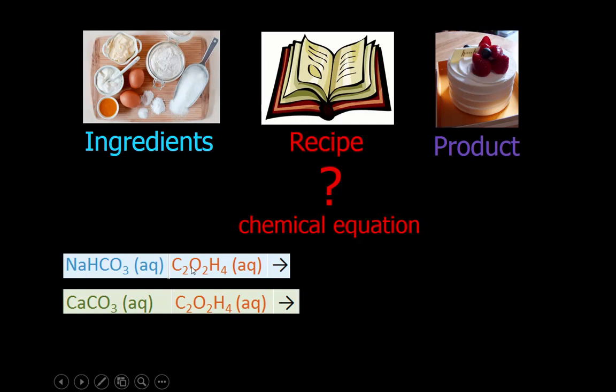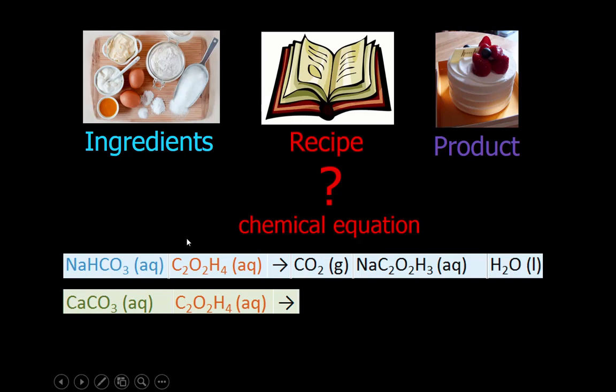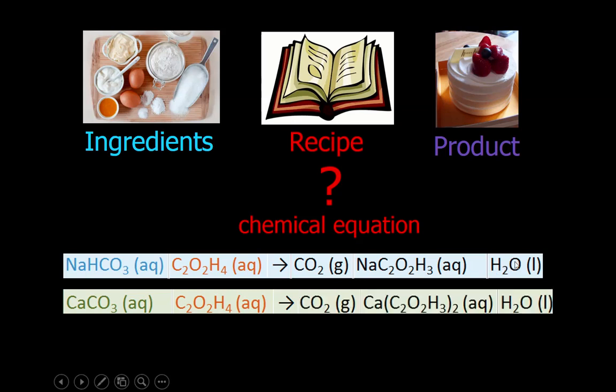This is the same formula as the one above. This is also acetic acid. The first one makes three products. We make carbon dioxide, we make this, and then we make water. The other one makes pretty similar products. It also makes carbon dioxide. It has this product here, and then it also makes water.